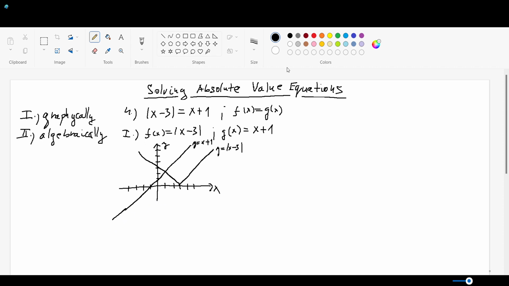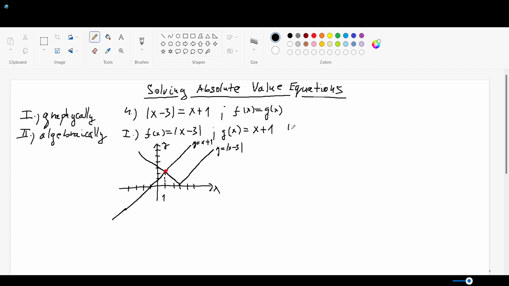And as you can see, in this case there is only one intercept, which is here, and if you sketch the graph precisely, you will see that the coordinates of this intercept are x equal to 1 and y equal to 2. So we found the solution graphically.